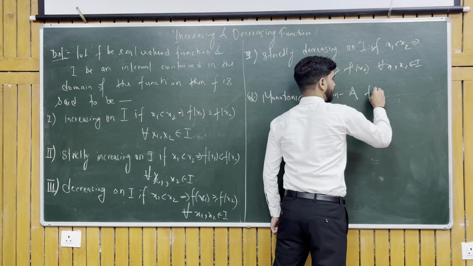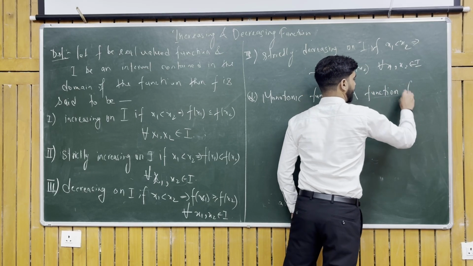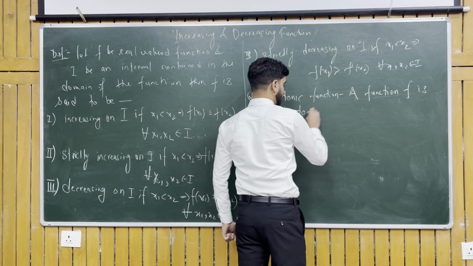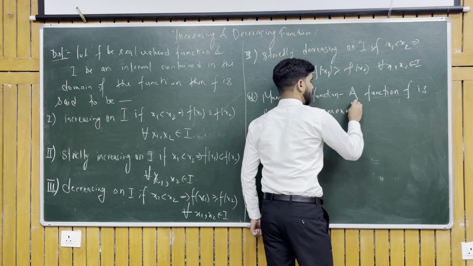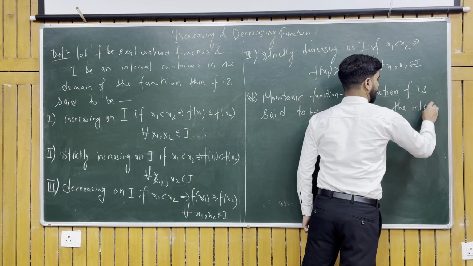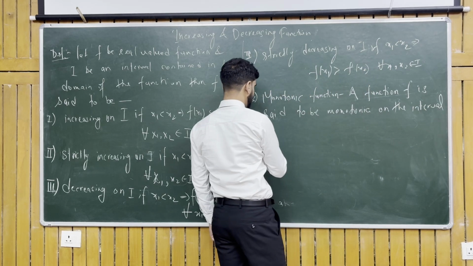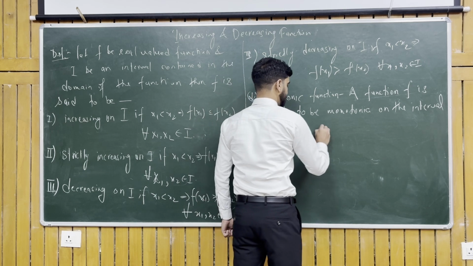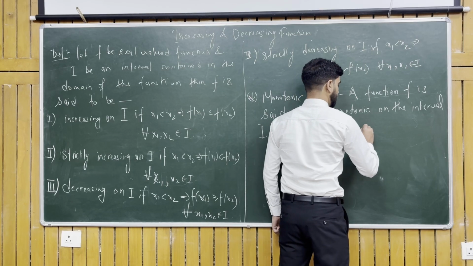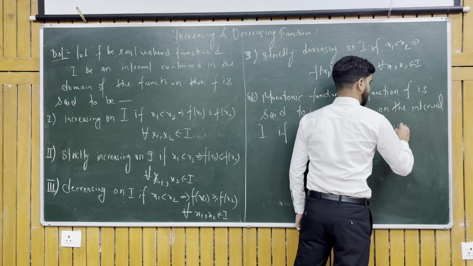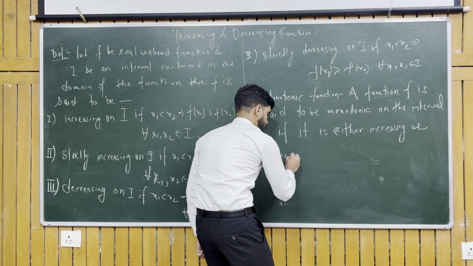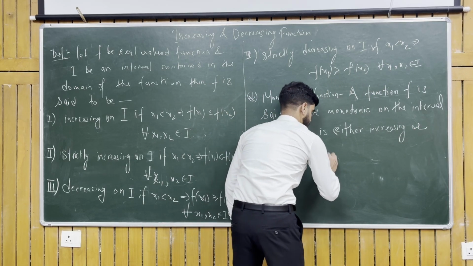A function f is said to be monotonic on the interval I if it is either increasing or decreasing throughout the whole interval.